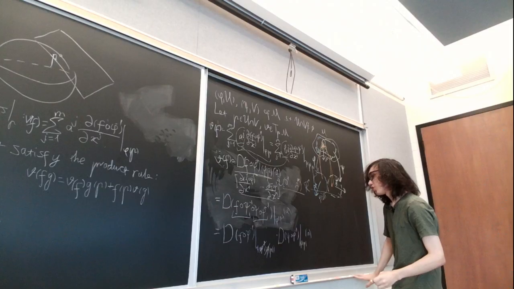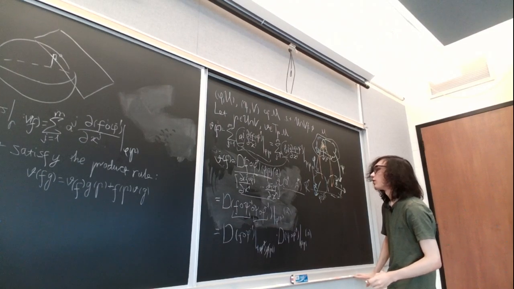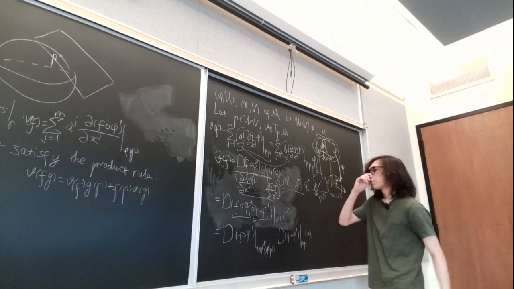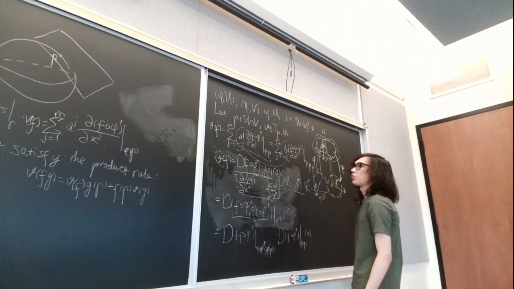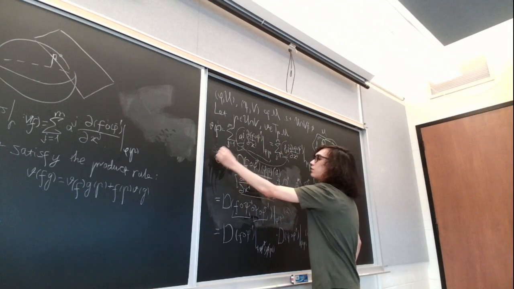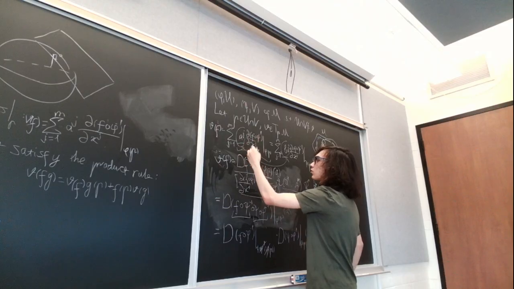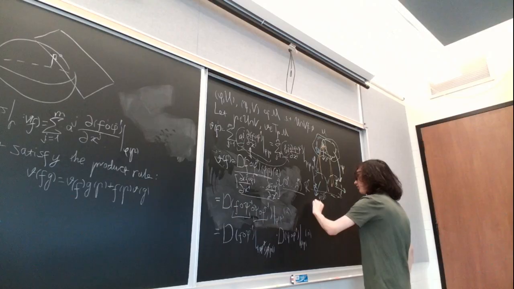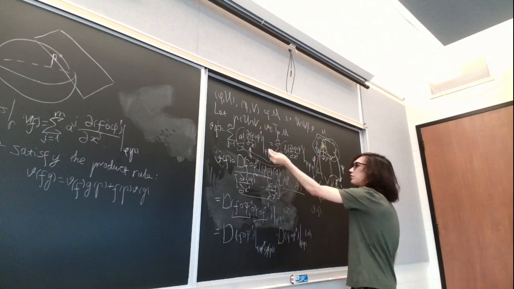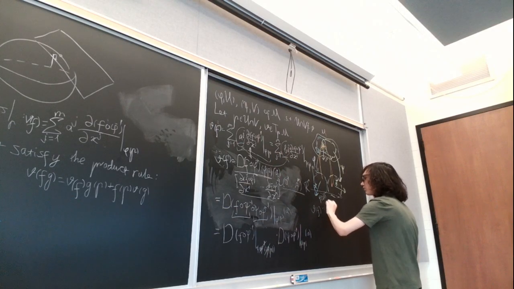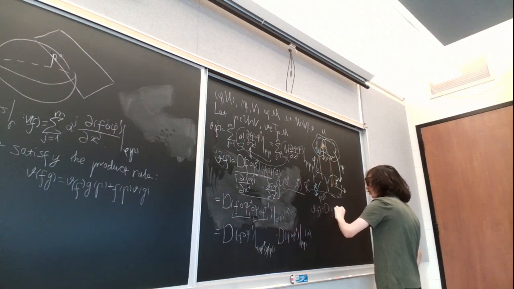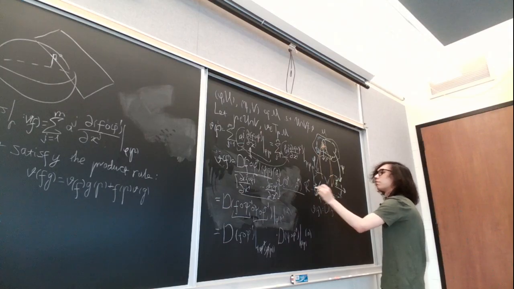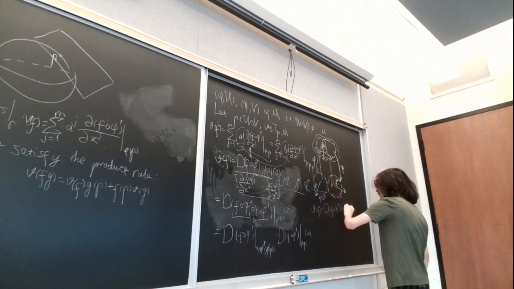Right. From our previous considerations, when we said that v of f is equal to this sum, similarly, v of f, just instead of phi you take psi, is going to be equal to d of f of psi inverse of psi of p with b.